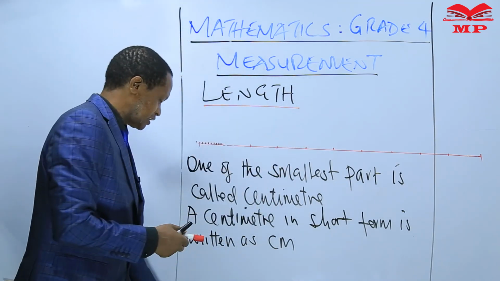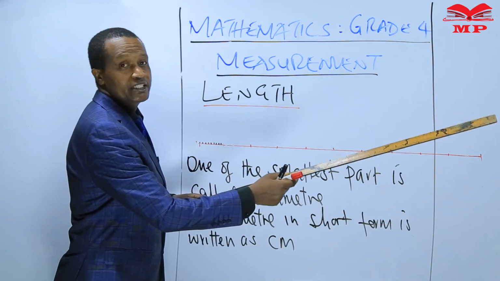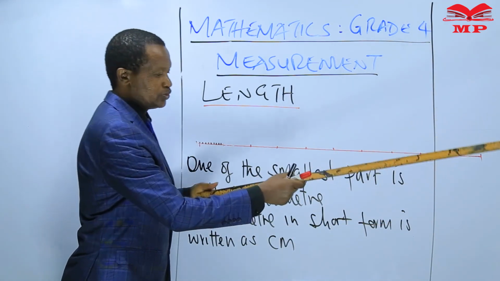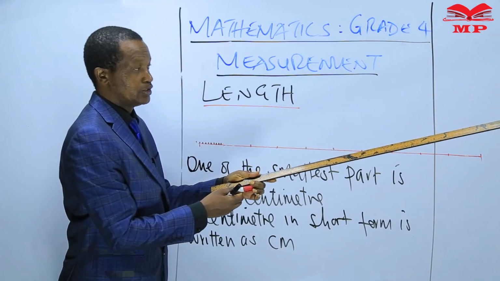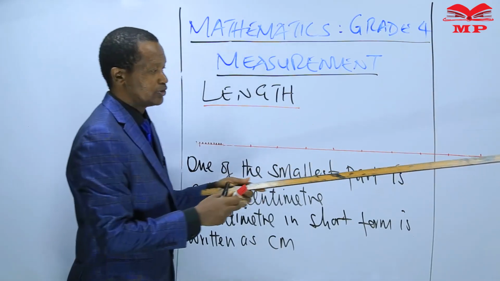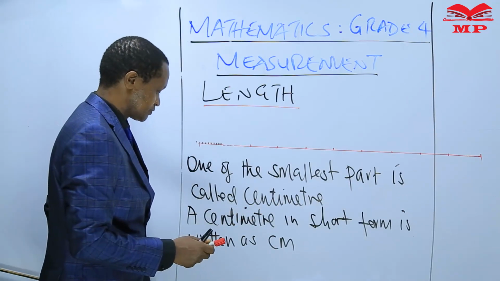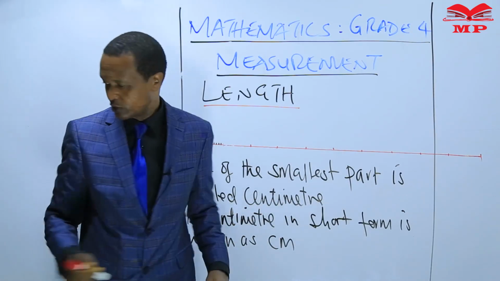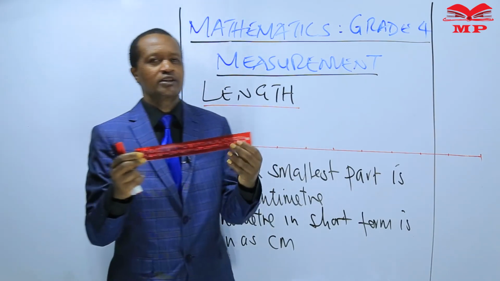And this is a 1 meter ruler. I can use a 1 meter ruler to measure it, because I know you know that 1 meter is equal to 100 centimeters. I can also use a 30 centimeter ruler.